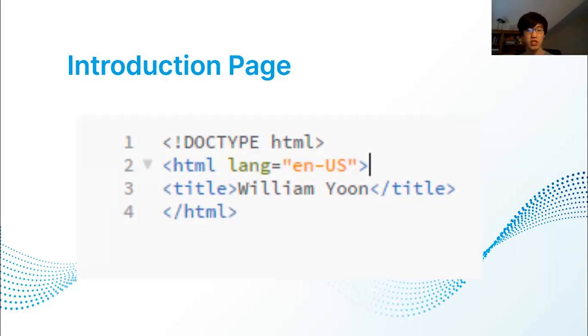The exclamation doctype just initiates HTML and makes sure that the website reads all the code as an HTML script. And the language is just US English. That's a basic thing you have to write inside every single one of your websites, so that your websites know, oh, I'm in English.